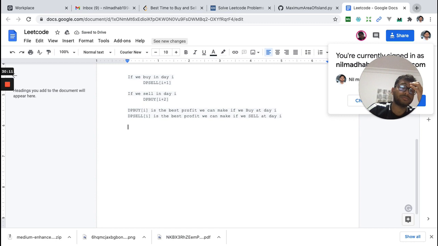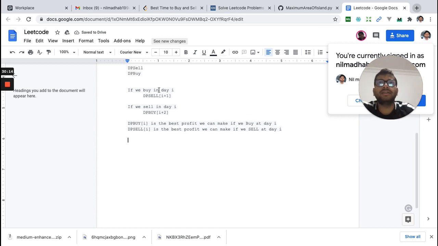Okay, so if we buy at day I, the answer will be DP of sell. We can sell actually on any day, right? So it will be the maximum of DP of sell I plus 1, and DP of sell I plus 2, and so on.